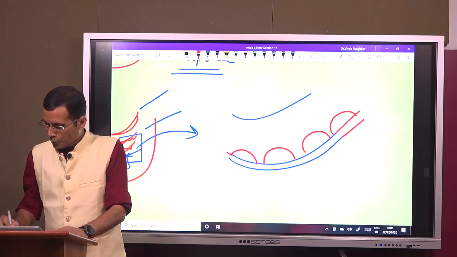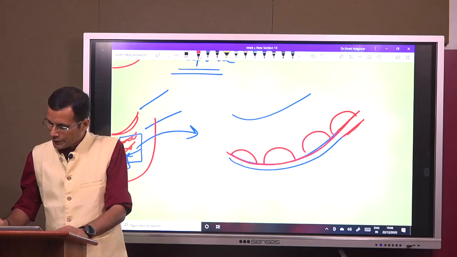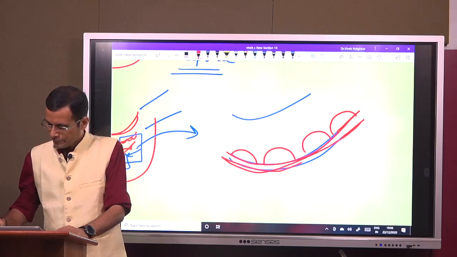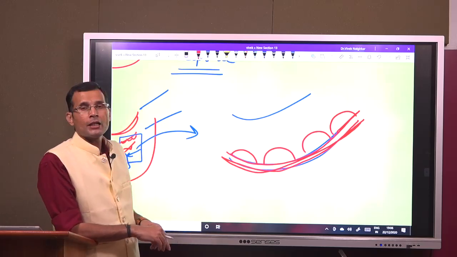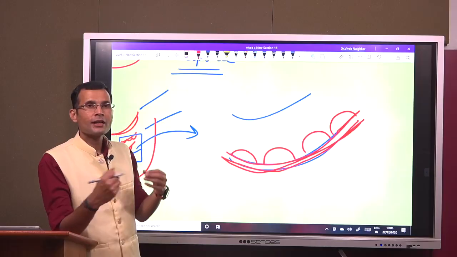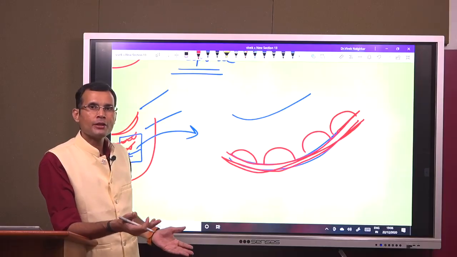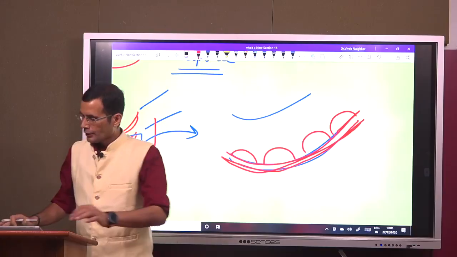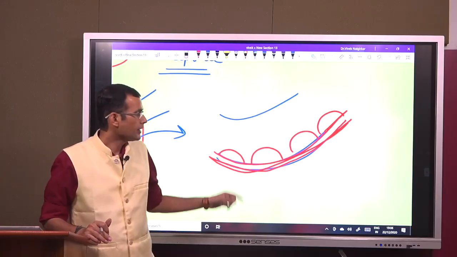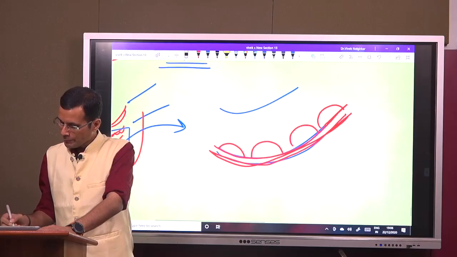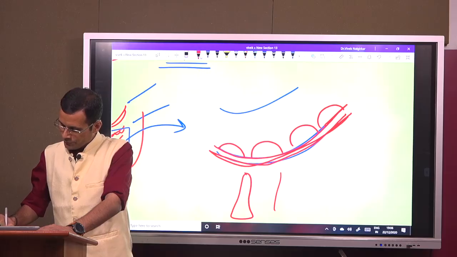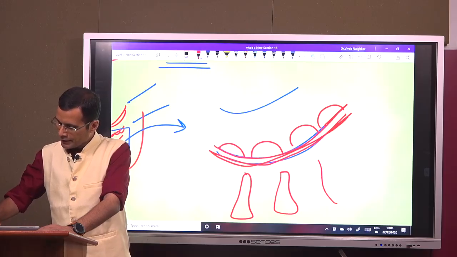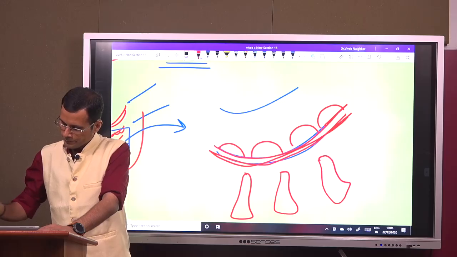The second component is the basement membrane, and all its glycocalyx and all the components. Then outside this basement membrane, there are those podocytes, the epithelial cells, the podocytes.